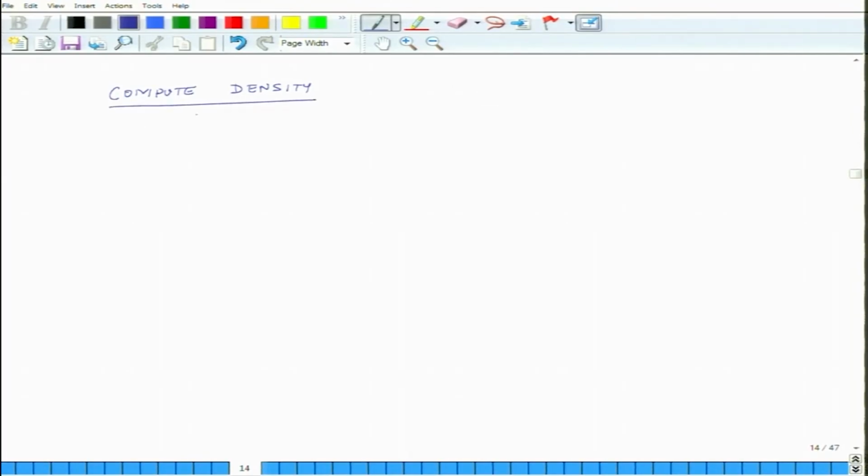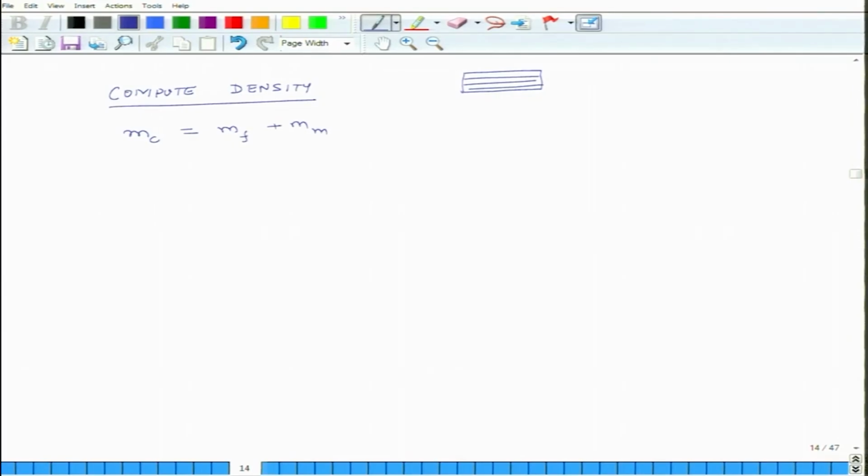So, we have already stated that if there is a composite material, unidirectional composite material, so it has fiber and matrix, then the total mass of the composite is Mc, that equals Mf plus Mm, where Mm is mass of matrix, Mf is mass of fiber.